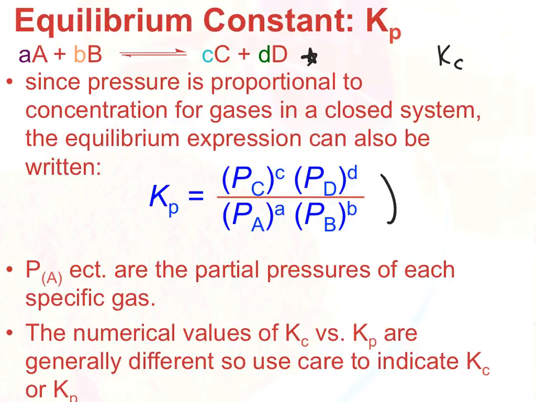So we'll take the partial pressures of our products to the coefficient values divided by the partial pressures of our reactants to those same powers of the coefficients. We can write our equilibrium expression in the same way we would write Kc, except obviously we write it with respect to those partial pressures.